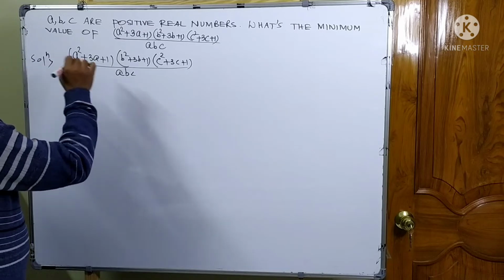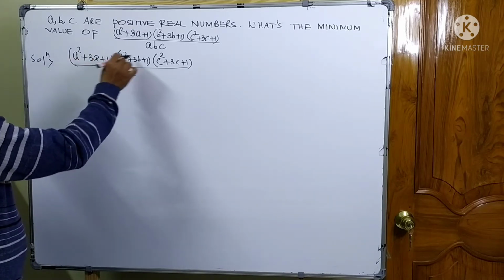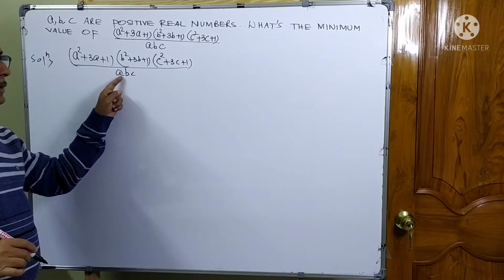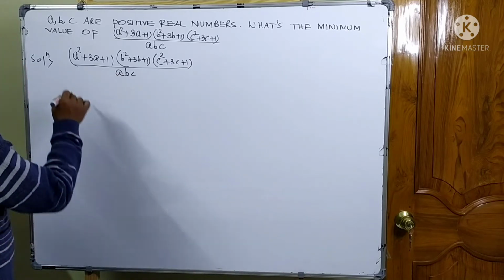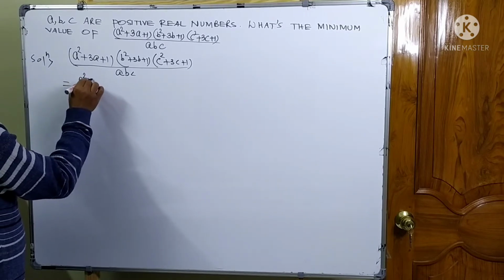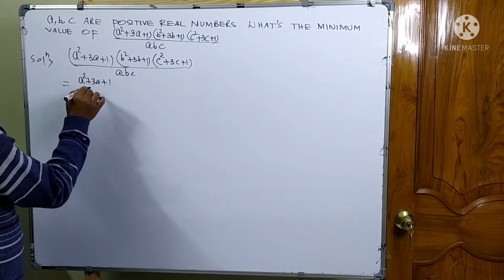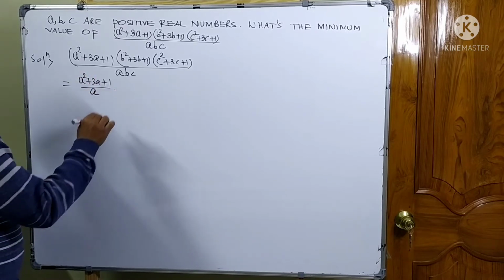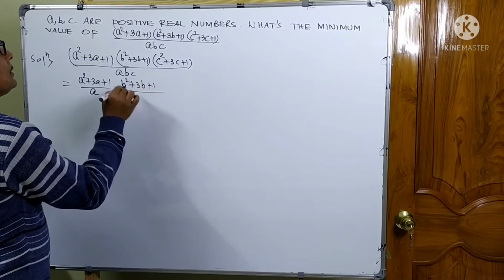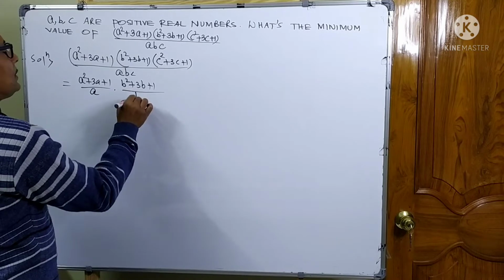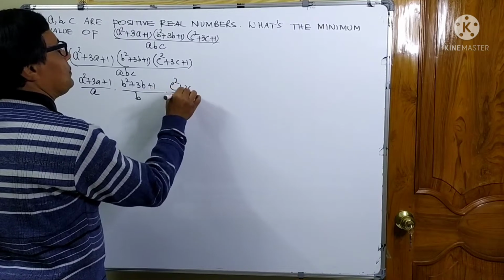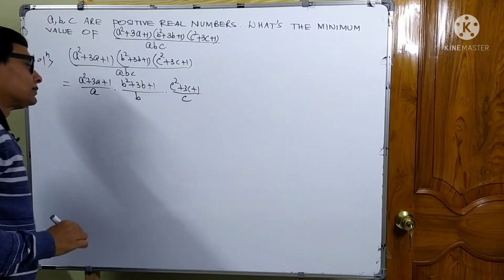These three terms are separately divided by a, b, c respectively. The first term is (a² + 3a + 1) over a, the second division is (b² + 3b + 1) over b, and the third division is (c² + 3c + 1) over c.